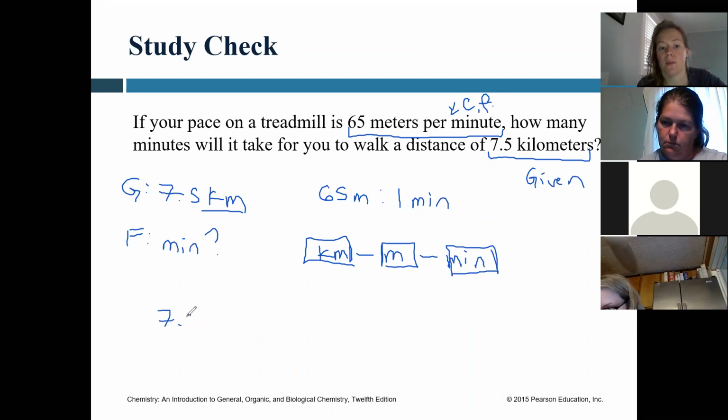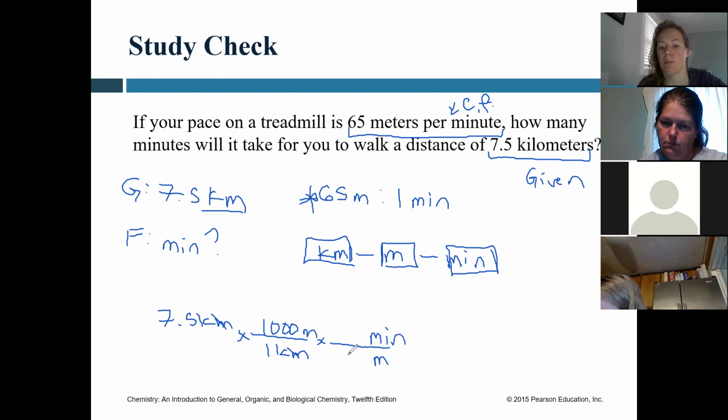So I have 7.5 kilometers. I'm going to set up dimensional analysis, but you could use King Henry died before drinking chocolate milk. For every 1 kilometer, there are 1,000 meters. Kilometers will cancel. Then I'm going to use this relationship. If meters is on the top here, I want meters on the bottom, and then I want minute on the top.